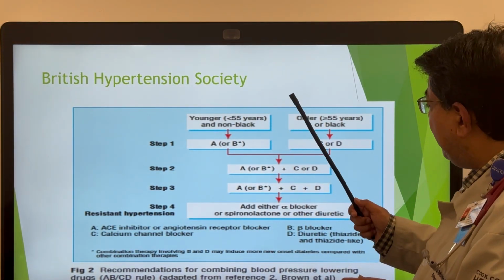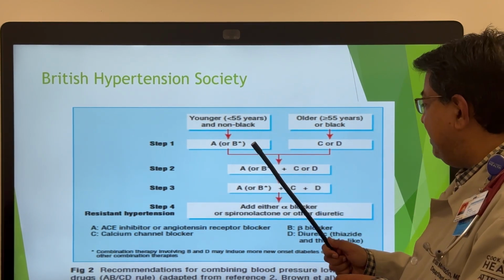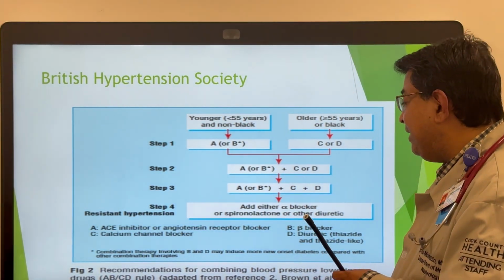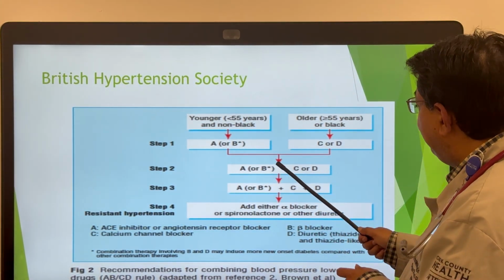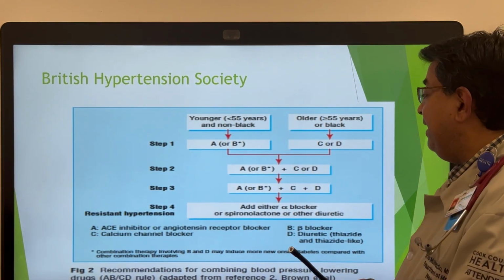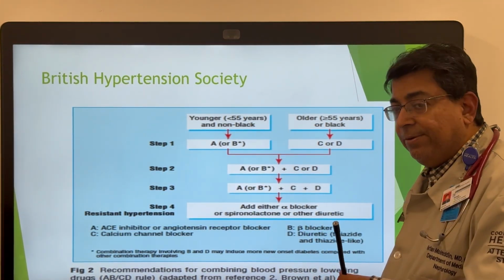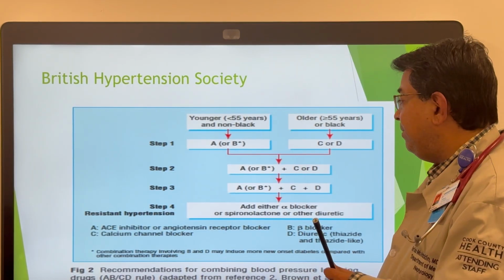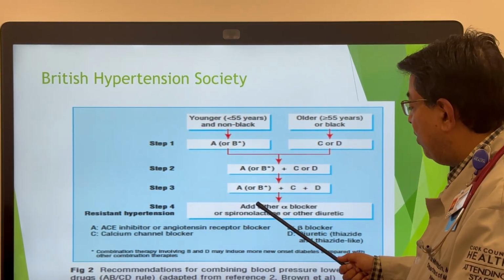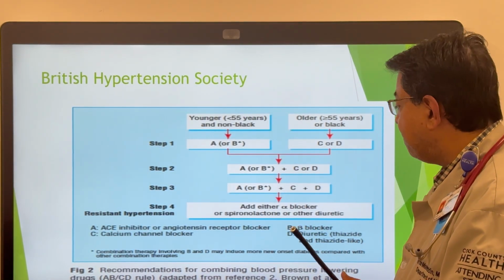And then once you've started off with an antihypertensive medication, you add on, and the strategy they recommend is A or B plus C or D, and then A or B plus C plus D, and then if you're still uncontrolled, to add spironolactone or other diuretic. The data on difficult to control or resistant hypertension and spironolactone I will explore in a subsequent talk. Next slide.